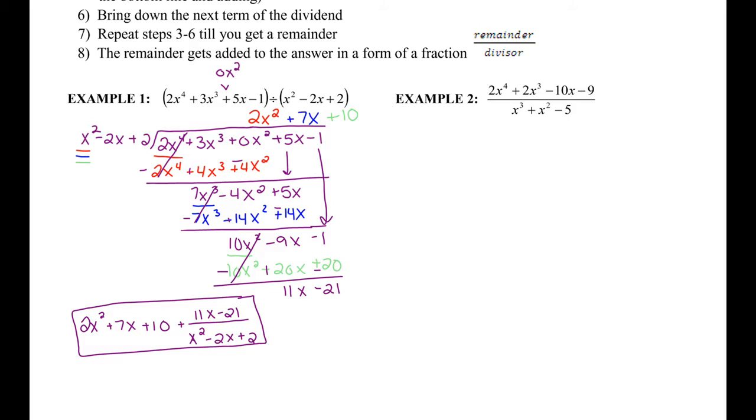Let's take a look at completing example 2. We want to make note that we are again missing the x squared term, so we'll have to replace that with a 0 when we set up our problem.